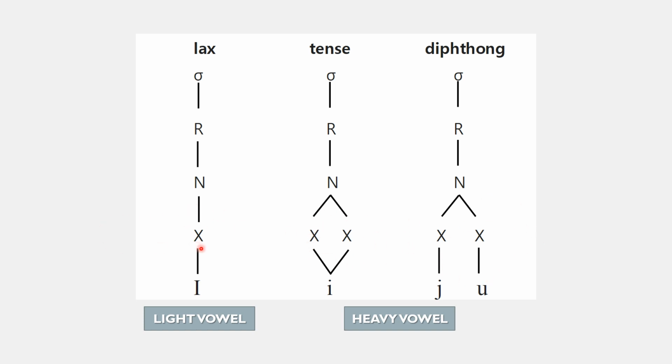Lax E is considered a light vowel because it only has one X value, while tense E and diphthong U are considered heavy vowels because there are two X values under the nucleus. According to the stress placement algorithm, the stress lies on the heavy syllable.